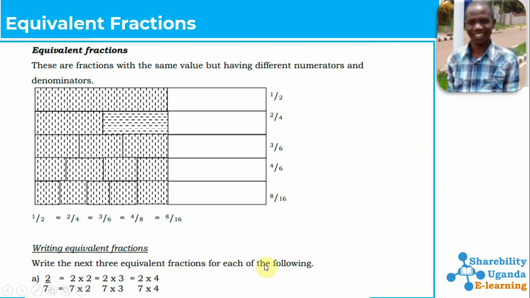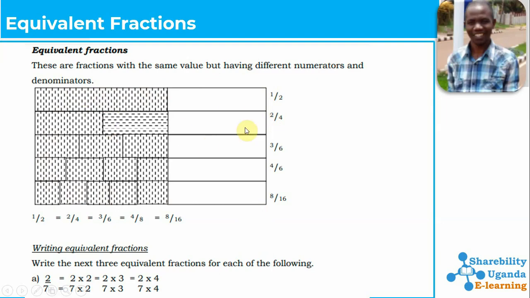We shall also be able to find out how we get it. For example, to demonstrate it more, we are saying these are fractions with the same value but having different numerators and denominators. For example, here we have our table as it is given.